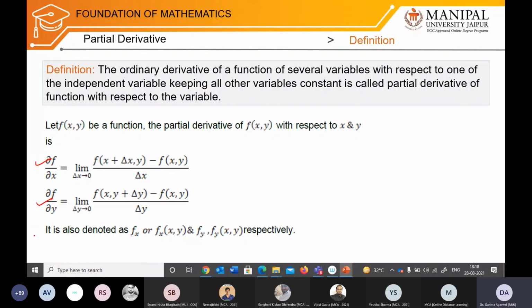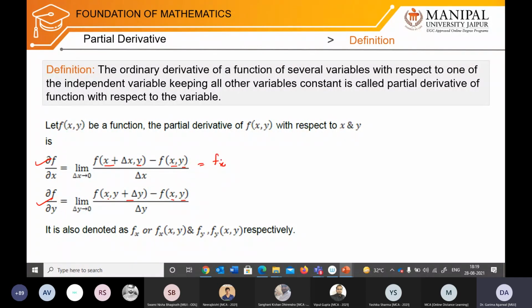This definition is more or less the same as the derivative formula, but there we use a single variable and here we are using two variables x and y, right? Minimum two variables are required to use partial derivative, right? This del f by del x can also be denoted as fx.